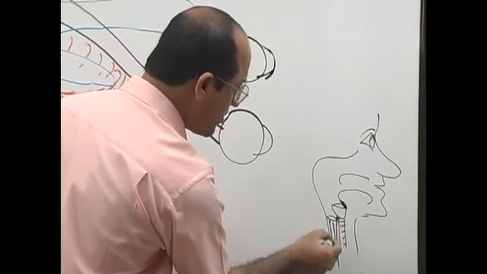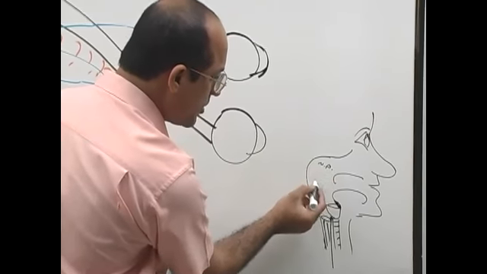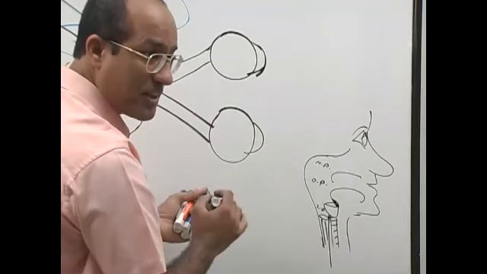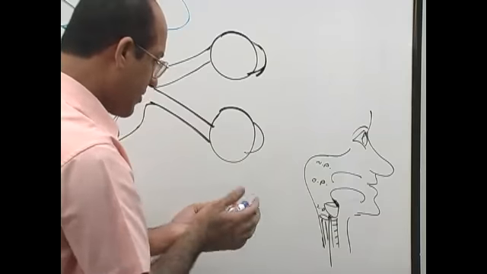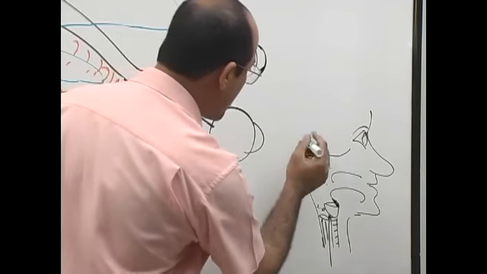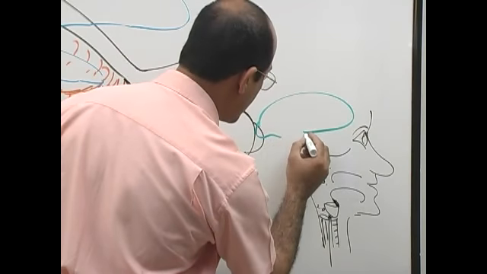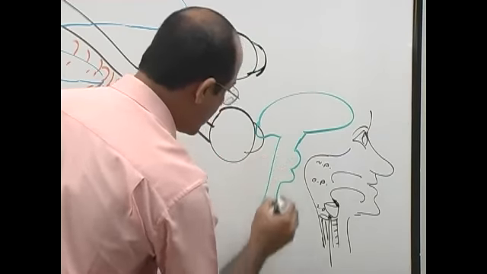And here is the esophagus. This is what? Nasopharynx, oropharynx, laryngopharynx, right? No problem in this. Central nervous system is developing here. And as the central nervous system is developing here, I hope you understand this diagram.